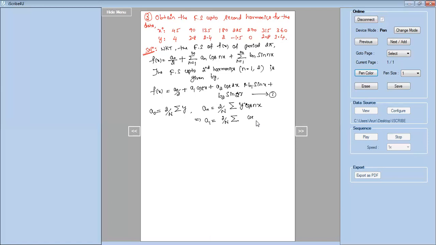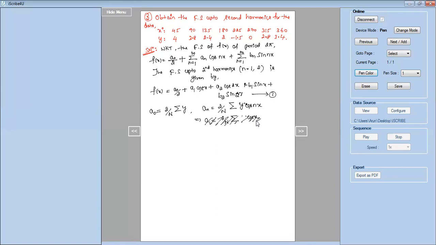y cos x, summation y cos x. I'll write it below this.